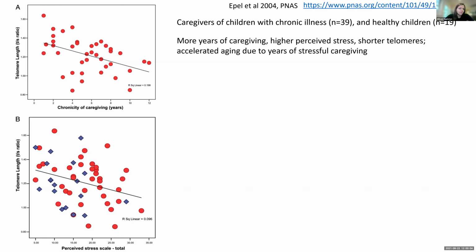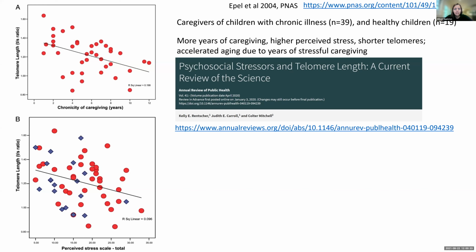The idea was that this accumulated time with a very stressful component, caring for a child with chronic illness, could accelerate telomere shortening. The study found that with more years of caregiving and higher perceived stress, shorter telomeres and accelerated aging were observed, attributable to those years of stressful caregiving. This was an exciting study that put the idea of telomere shortening and stress on the map.